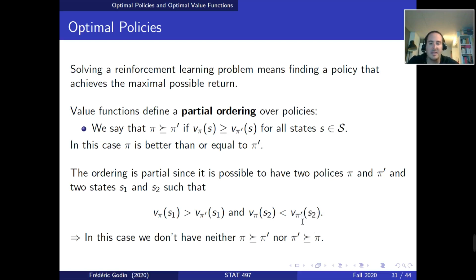Then it's impossible to order the two policies, because neither does pi have a higher order than pi prime, nor pi prime a higher order than pi. So sometimes it's possible to compare two policies when one is better than the other for all states, but sometimes there are policies that cannot be compared according to this relationship.